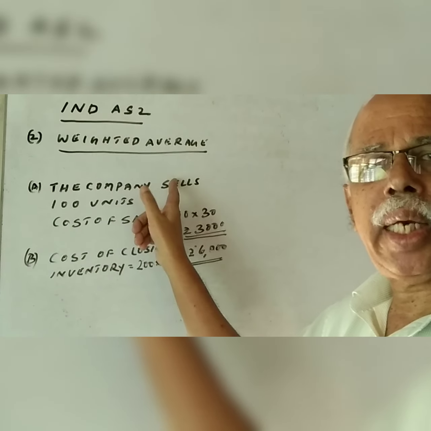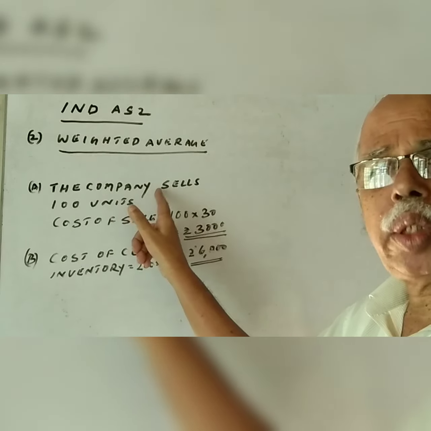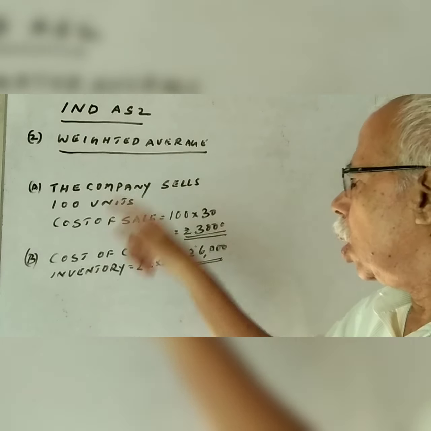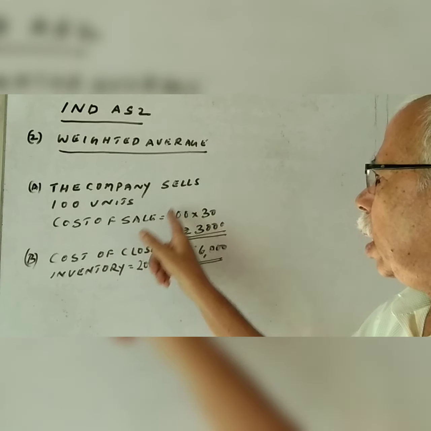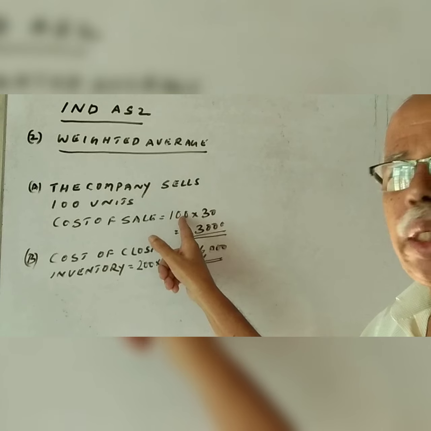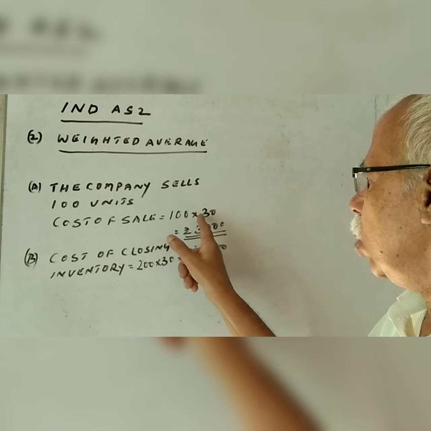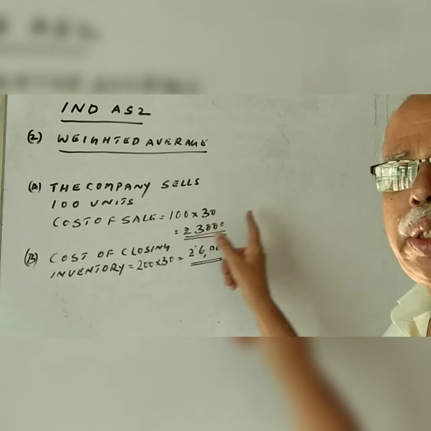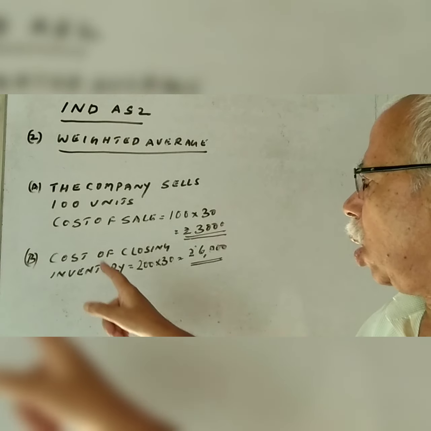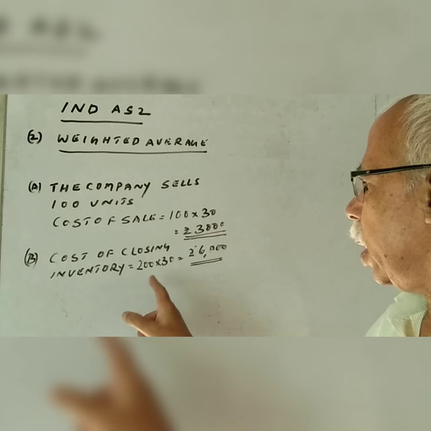The company sells 100 units of the product. So the cost of sale will be number of units sold into weighted average cost. That is 100 into 30 is equal to rupees 3,000. Then cost of closing inventory.